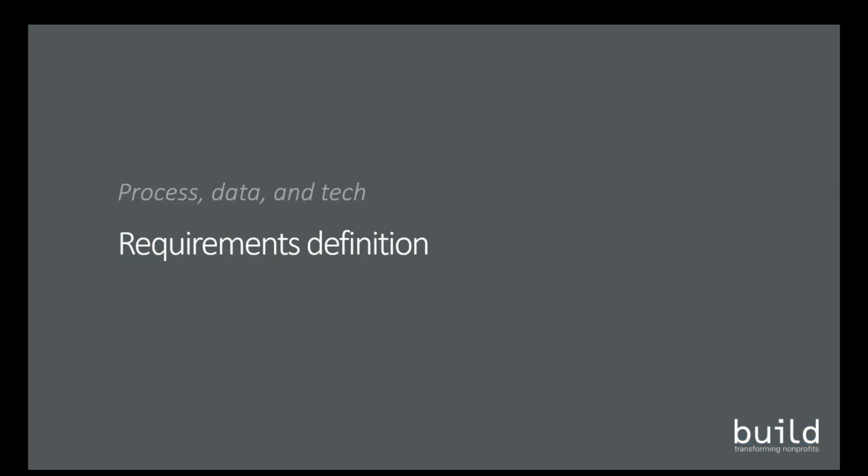Now I'm going to talk a little bit about this overarching idea of requirements definition, which bridges the process, data, and technology aspects of our information strategy framework. One of the key things that contributes to technology project failure is inadequate requirements definition. A requirements definition that's not thorough enough, lacks the appropriate depth, skirted around important business decisions that needed to be made, or failed to take into consideration critical aspects of the organization's process or data management.